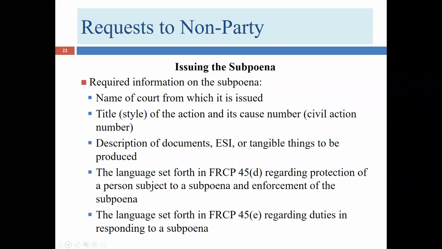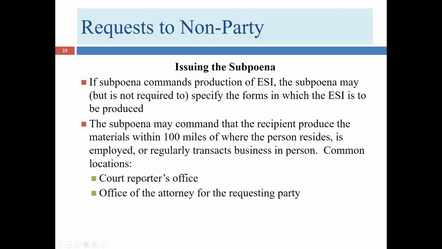What needs to be on the subpoena? Well, the name of the court from which it is being issued, the style of the case and its cause number. Again, this is an opportunity for a person who wants to confirm that this is in fact an ongoing case, description of what needs to be produced, and if it commands the production of ESI, the subpoena can specify the forms in which ESI is to be produced.